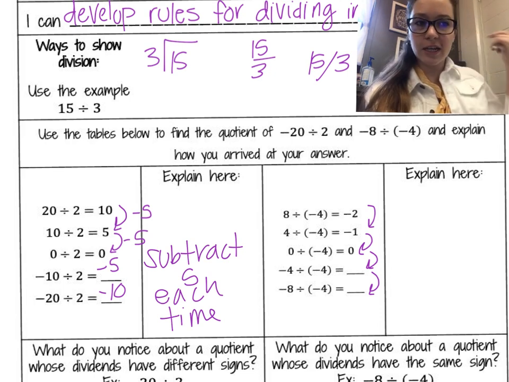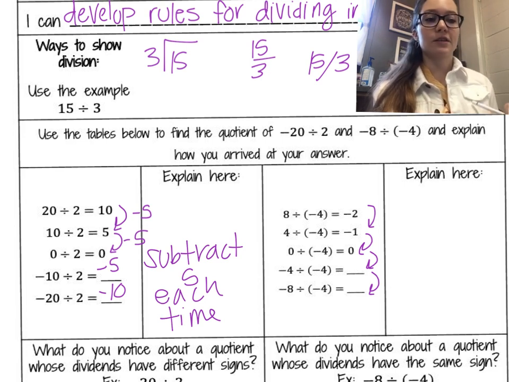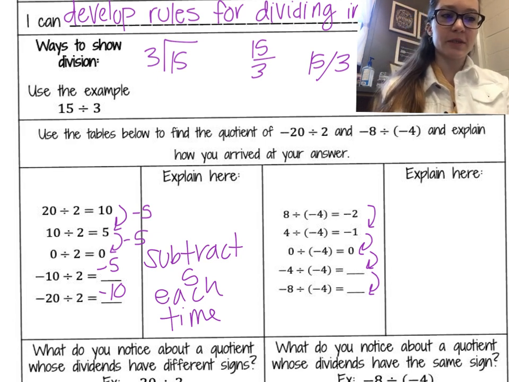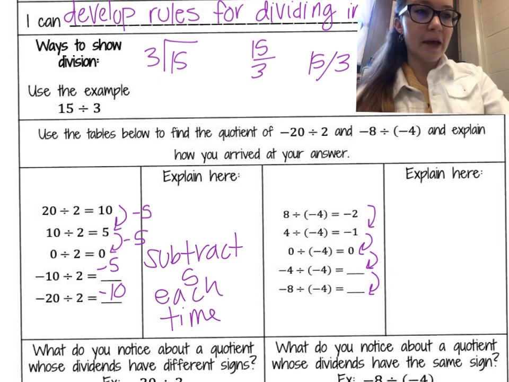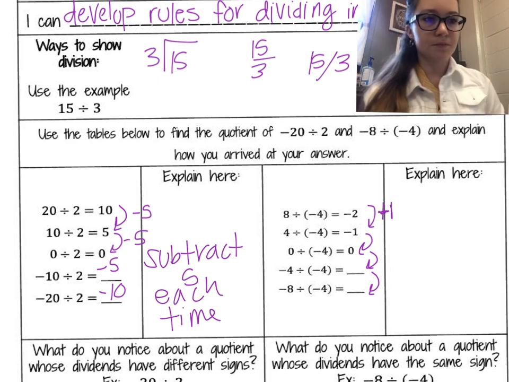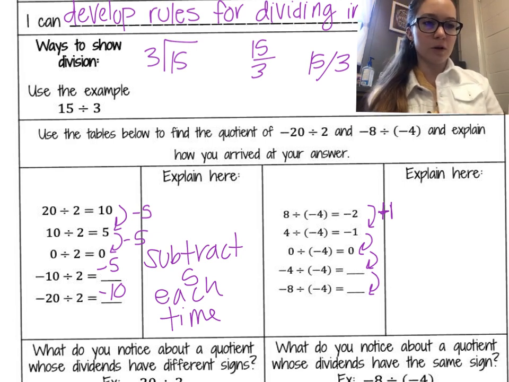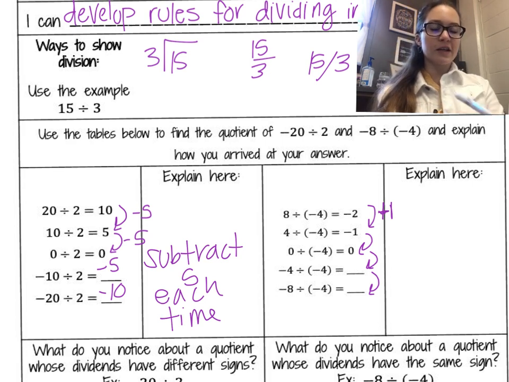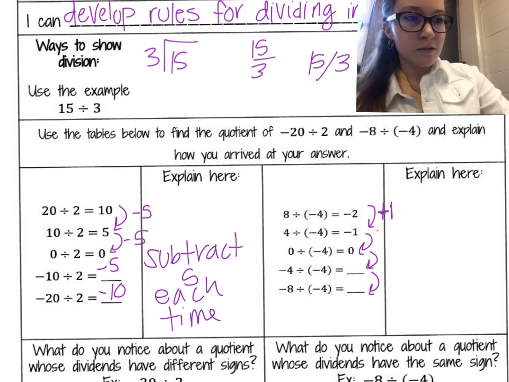So then on the other table, 8 divided by negative 4, it tells me is negative 2. And then 4 divided by negative 4, it tells me is negative 1. To go from negative 2 to negative 1, I'm adding 1. Negative 4 divided by negative 4 is 1... 0 divided by negative 4 is 0. From negative 1 to 0, I'm adding 1.